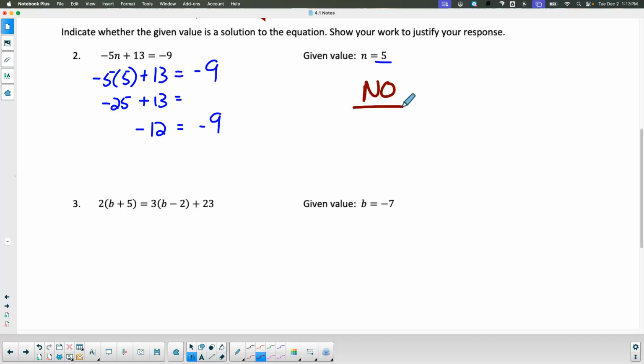If we plug in negative 7 for b, then this would be 2 times negative 7 plus 5 equals 3 times negative 7 minus 2 plus 23. Negative 7 plus 5 is negative 2.